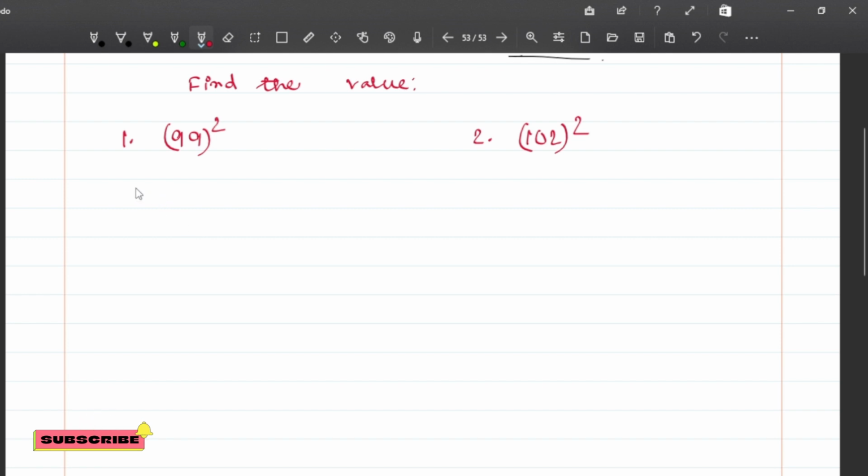Now we try to find the values of 99 square and 102 whole square using the formula we already learned. So for 99 you can write (100 minus 1) whole square. You can see this is your a and 1 is your b. So write the formula: 100 square, that is a square, plus 1 square minus 2ab.